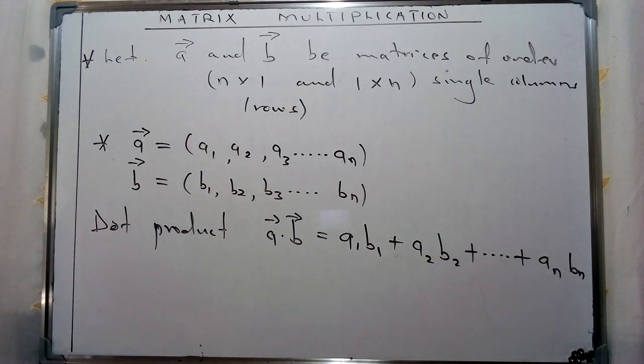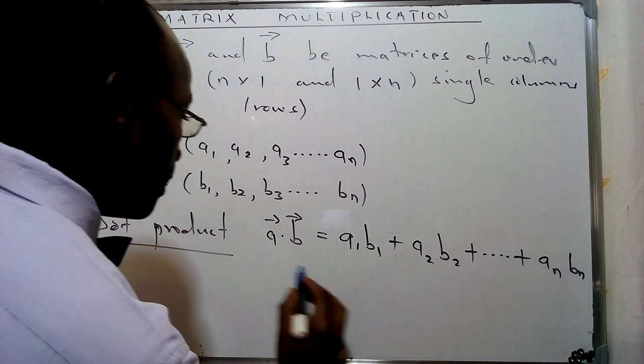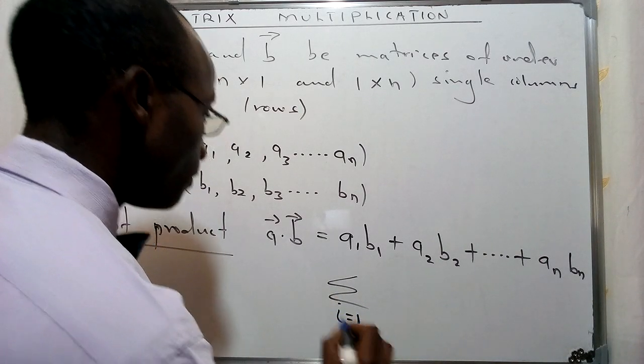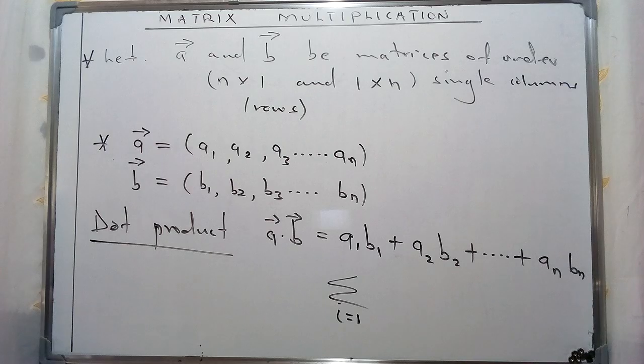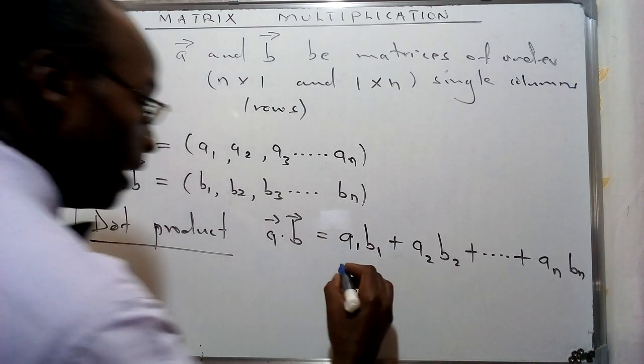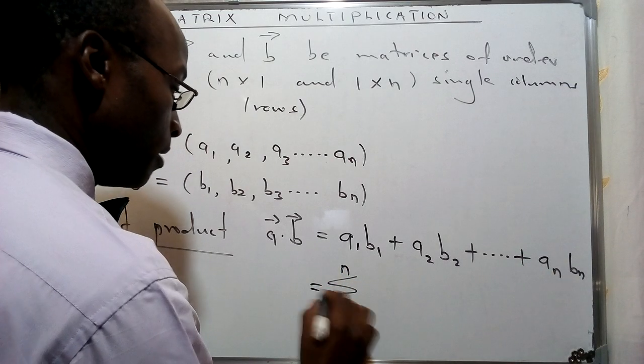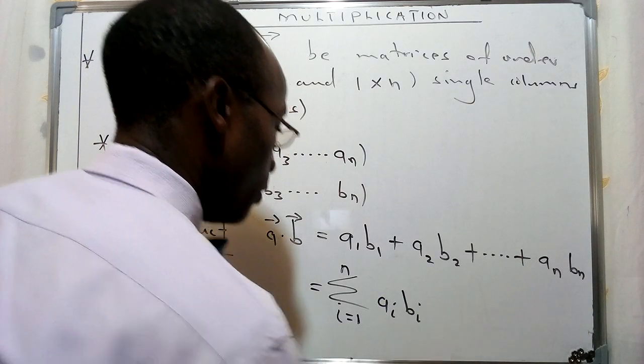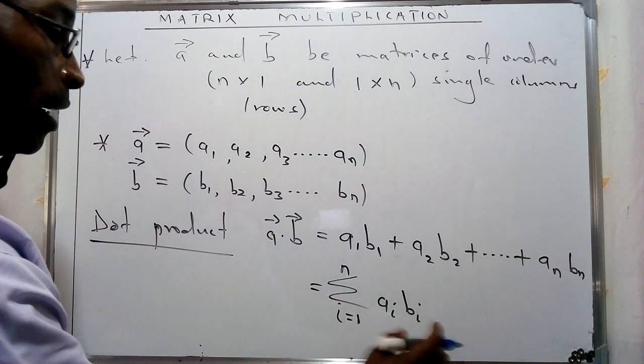So basically, we can represent this dot product of the matrices A and B using this particular order, whereby we see that this is going to give us a summation of the elements from i equals 1 to the point of n, which is the last element of the matrices A and B, of AiBi given as such.